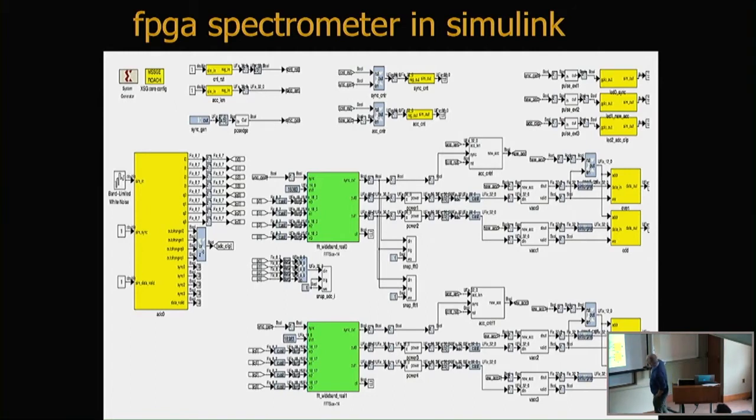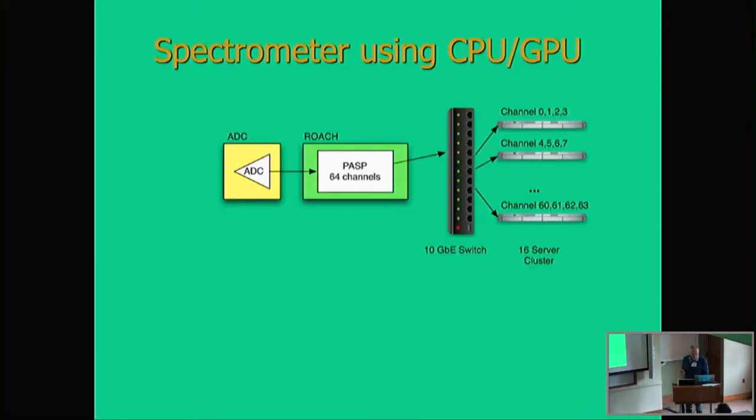Oh yeah, here are these things called power blocks that do the detection. And then these are the vector accumulators. And then these are things to get the data out over the Ethernet to your computer. And there's a lot of little stuff here that you don't have to understand at all, but that's kind of how you program these FPGAs.